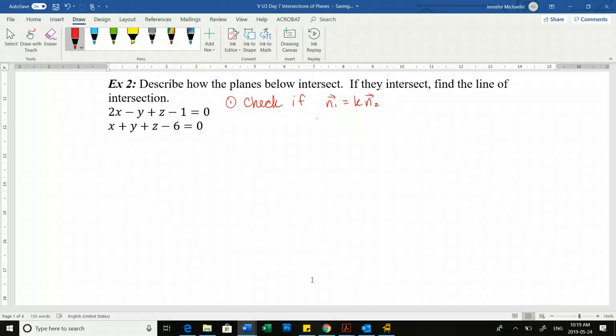If we call these plane 1 and plane 2, normal 1 is 2, negative 1, 1. And we want to see if that's some scalar multiple of 1, 1, 1. I think we can just tell that by looking at it. Are they scalar multiples? This is not equal, so therefore the planes must intersect in a line. They're not parallel.